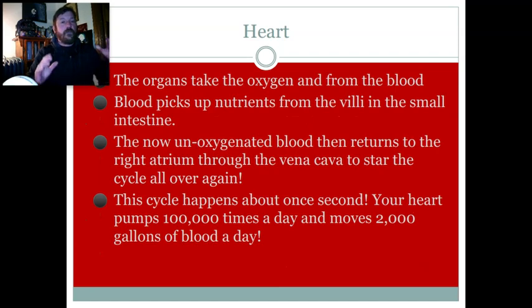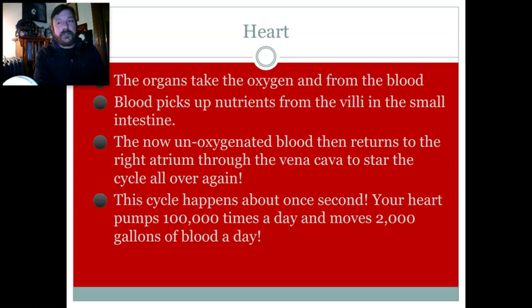The blood flows out through the different arteries to the different parts of the body, and the organs will take in the oxygen that's in the blood. Blood will also flow around the intestines to the villi, which are small infoldings, which we'll get to when we talk about the digestive system.